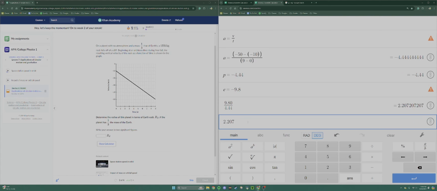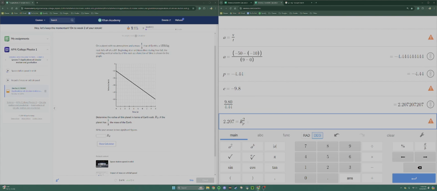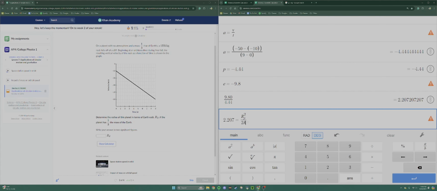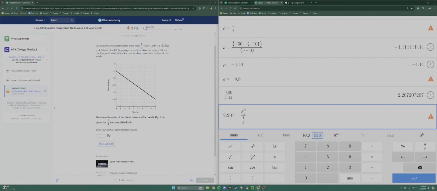2.207, which is now equal to r squared of our planet divided by 1/3 r squared of Earth. Right.